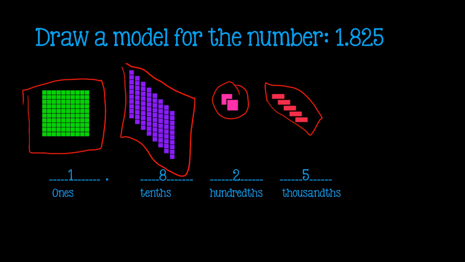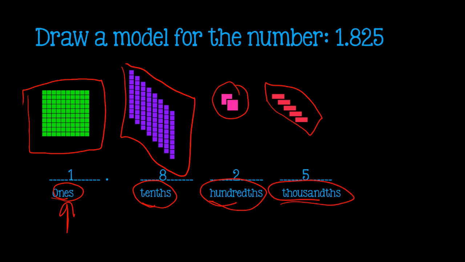And just as a reminder, the place value of the 1 is our ones. The place value of our 8 is our tenths. The place value of our 2 is hundredths. And the place value of our 5 is thousandths.